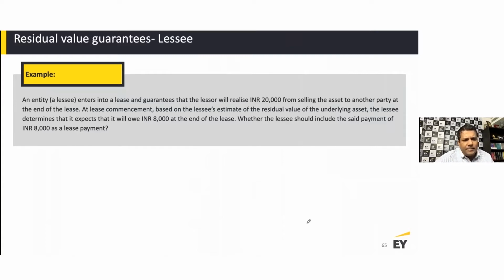Now, at lease commencement, based on the lessee's estimate of the residual value of the underlying asset, the lessee determines that it expects it will owe INR 8,000 at the end of the lease. That means I'm giving a guarantee of 20,000, but I will only be able to realize 12,000. For the 8,000, I'll have to cut a check and give additional, right? So that's the 8,000 I owe at the end of the lease.